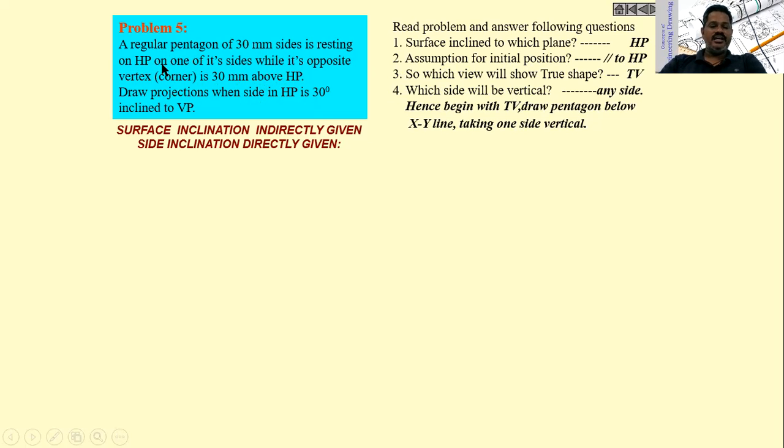So the pentagon is inclined to HP. The initial step we need to assume is that the pentagon is parallel to the horizontal plane. Then we have to draw the top view first to get the true shape.